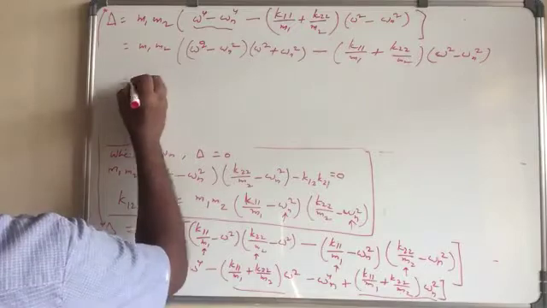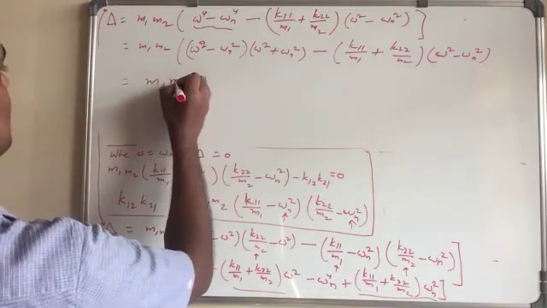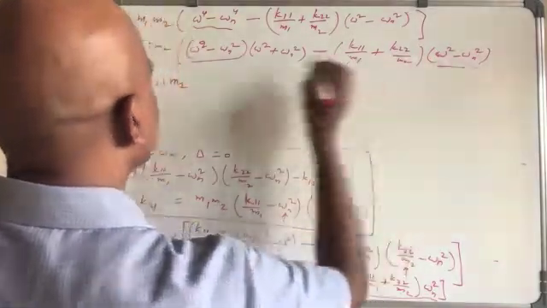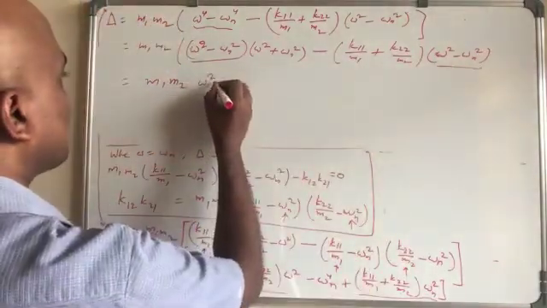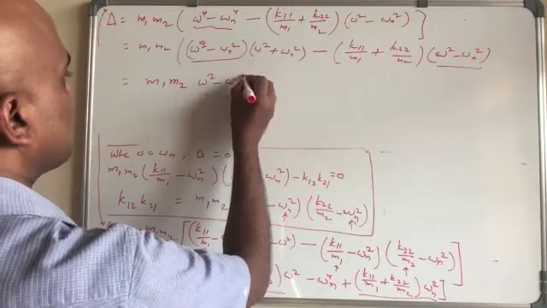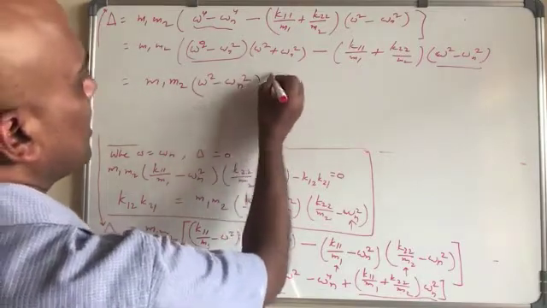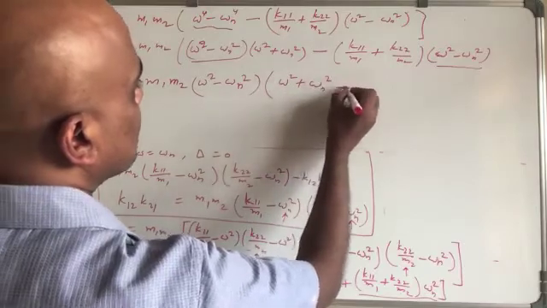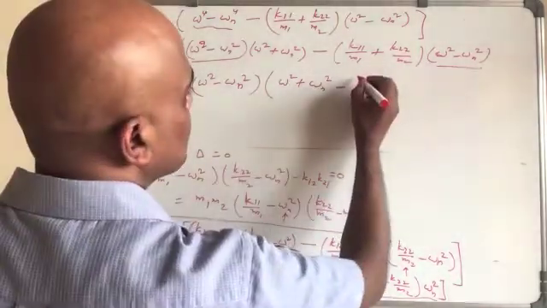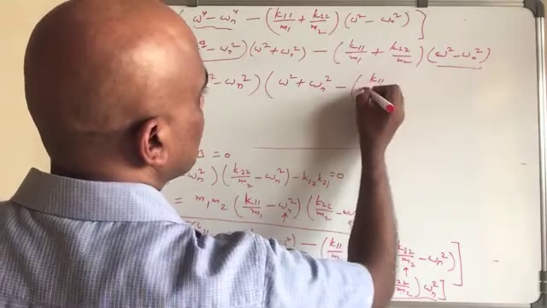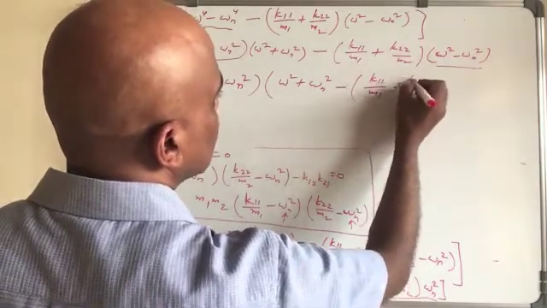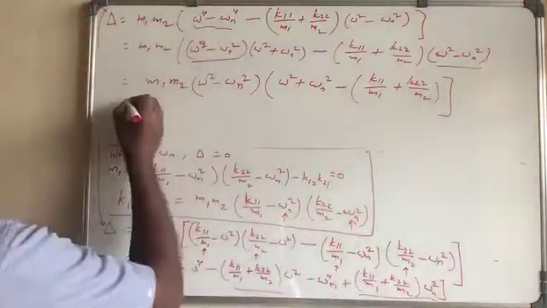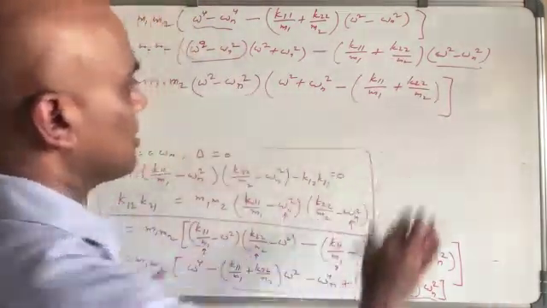So next, equal to m1 m2, and then we have this common factor, omega square minus omega n square, and then omega square plus omega n square minus this term, k11 over m1 plus k22 over m2. So this term.